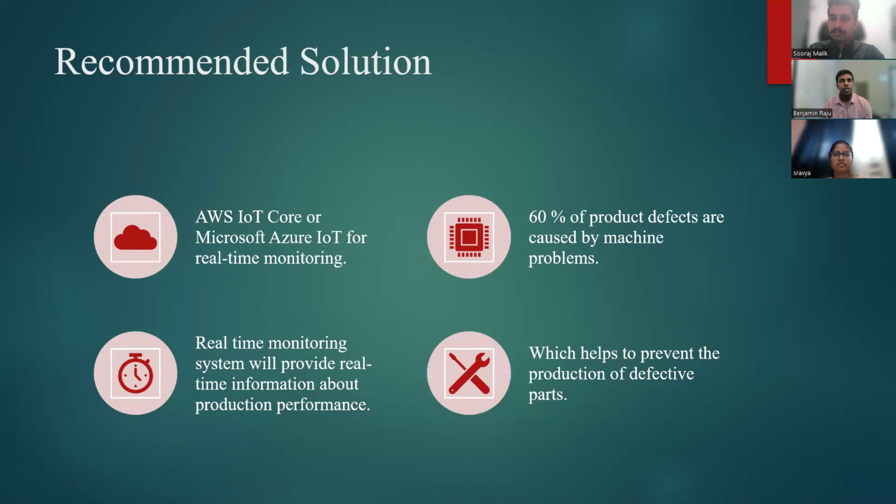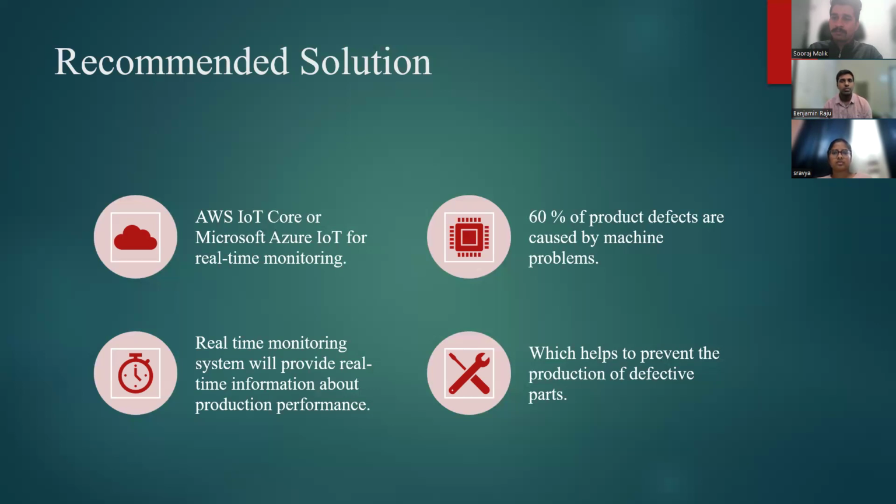Apart from real-time monitoring, with the other two solutions we can only analyze the defects after the production, but with this one we can find the problem at the root itself. While the production is going on, if anything goes wrong, the system alarm will go off, and we can rectify the problem and continue the production.